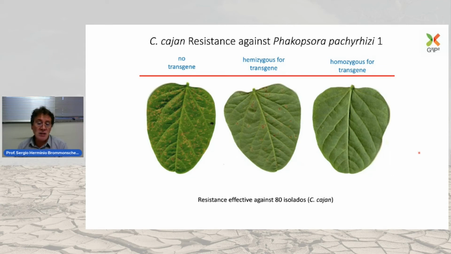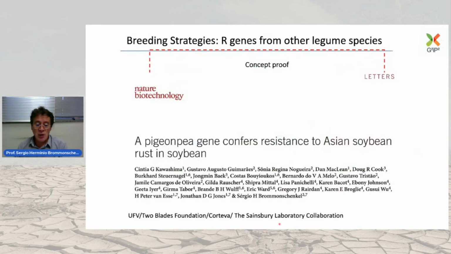And another interesting issue about this gene is that it was able to provide resistance to a broad number of isolates that we had collected in many different growing regions here in Brazil. Okay, this work was a collaboration with Corteva and Two Blades Foundation.